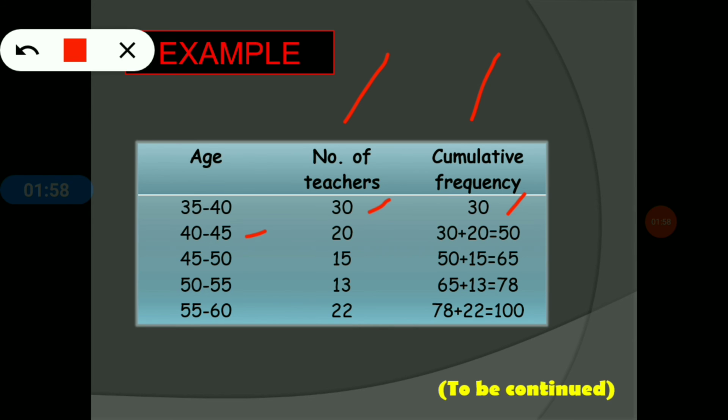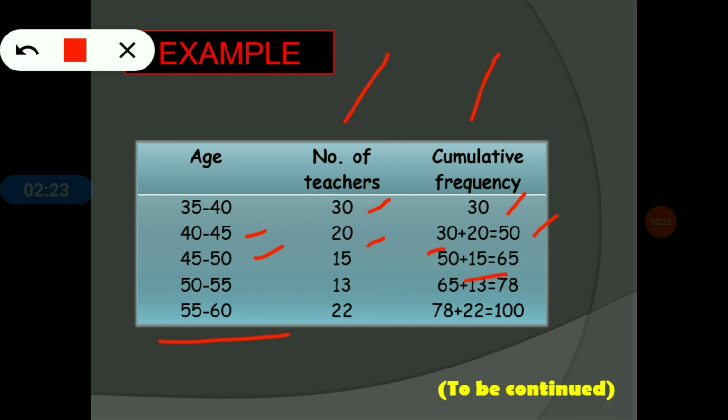Now going to the second one, the cumulative frequency of the previous class is 30, and the present class frequency is 20. So 30 plus 20 equals 50. Now going to the third one, the previous class cumulative frequency is 50 and the present class frequency is 15, which gives 65.